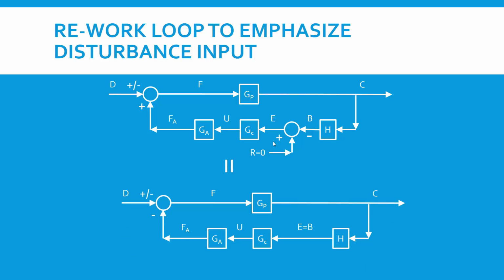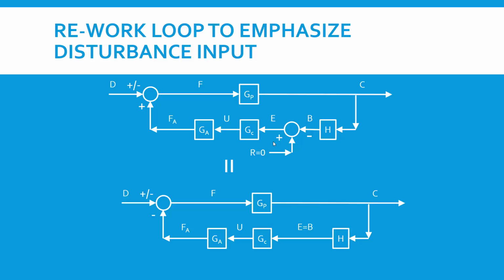What we've done here is a further development of the loop. Since we were adding in the desired value as a 0 and we continue for that to be our desired value, we're not adding anything into the loop at that point. So we can get rid of the comparator, the block that compares the desired value with the measured value.